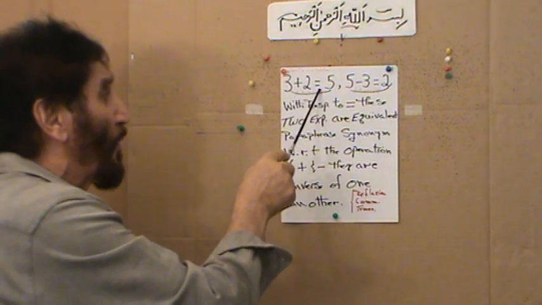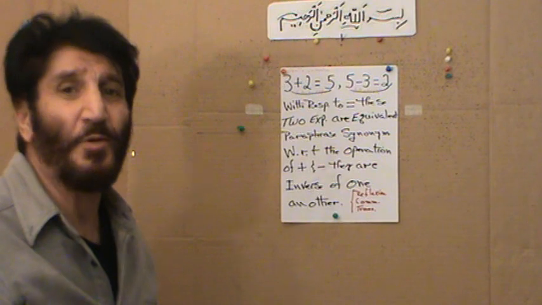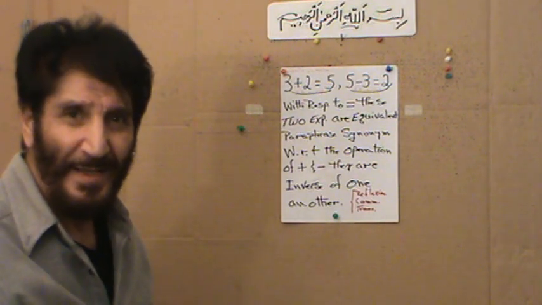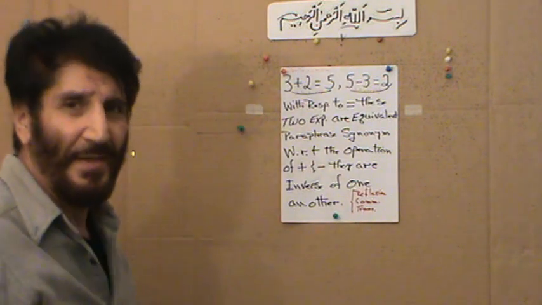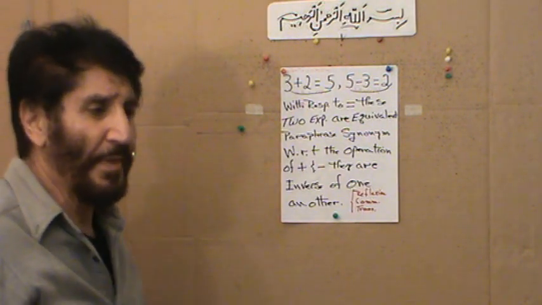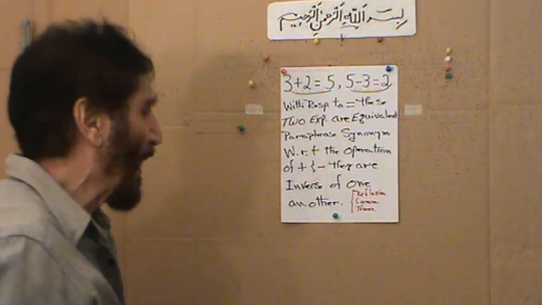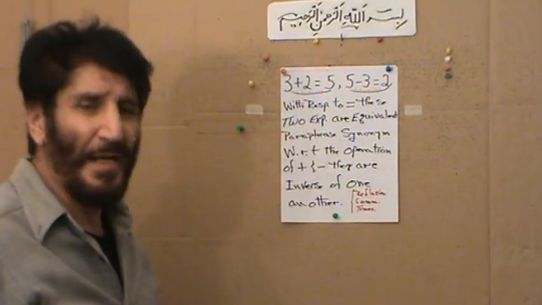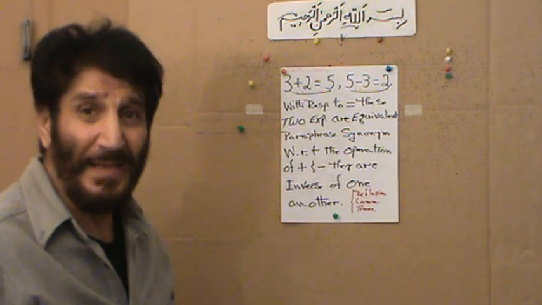With respect to equality, these 2 expressions are equivalent. They are paraphrases of one another. And equality itself is a relation that has the properties of reflexivity, symmetry, and also transitivity. In abstract algebra, they say that it partitions the set into equivalence classes.